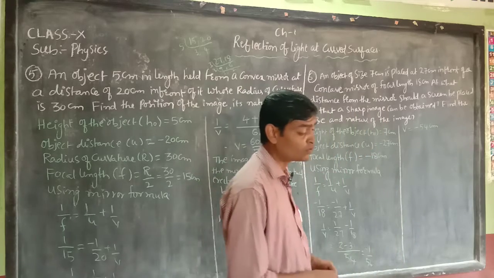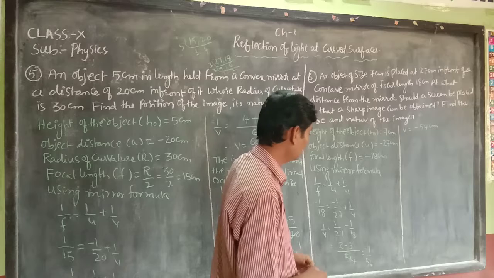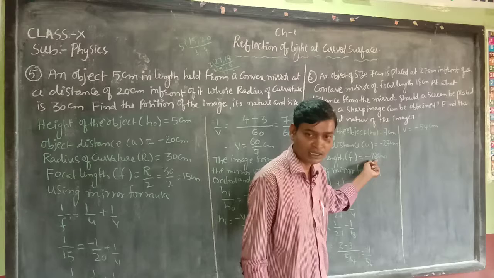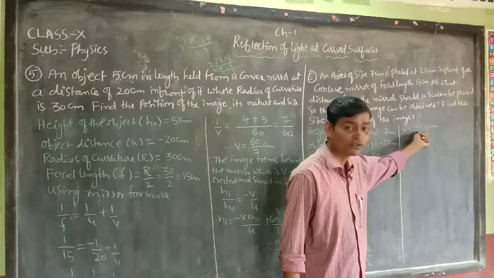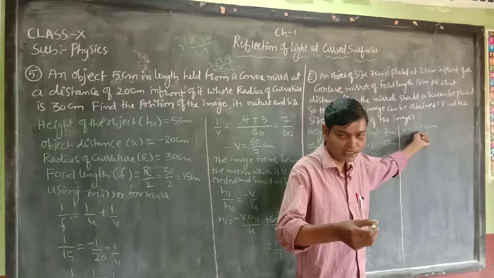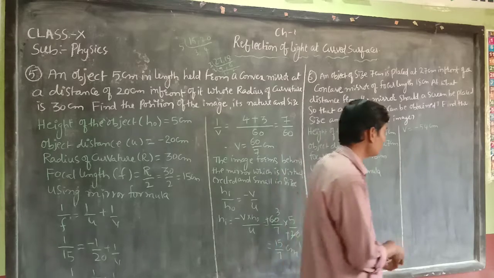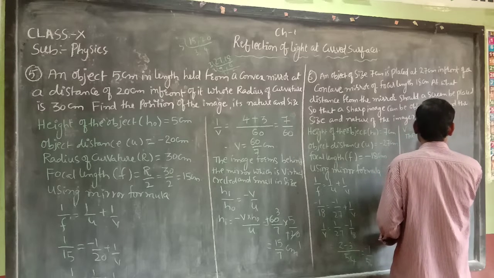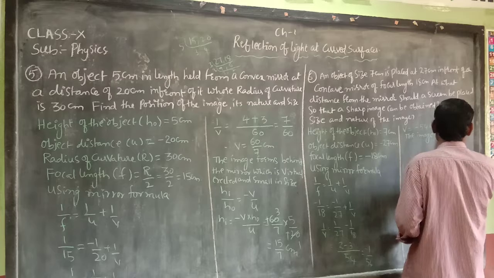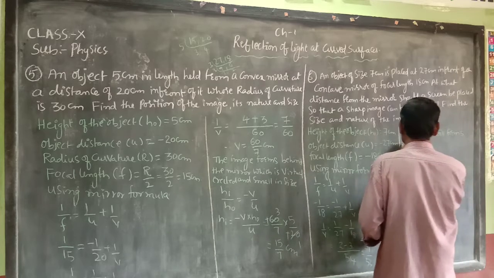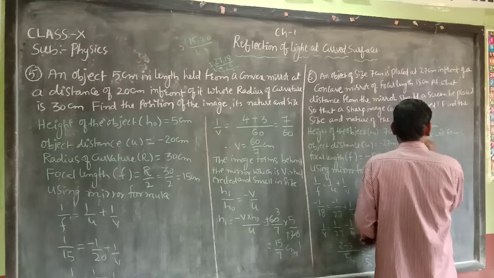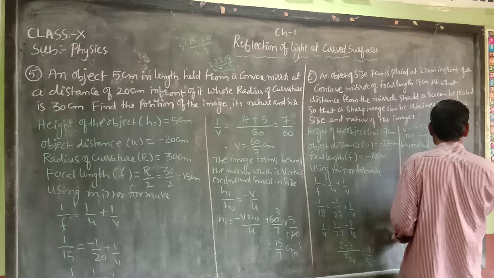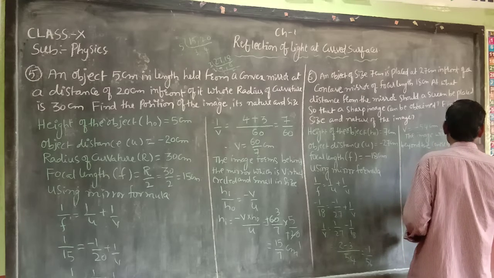So where does the image form now? If the focal length is 18 centimeters, the radius of curvature is 36 centimeters, but the image distance we got is 54, more than 36, which means the image will form beyond the center of curvature.